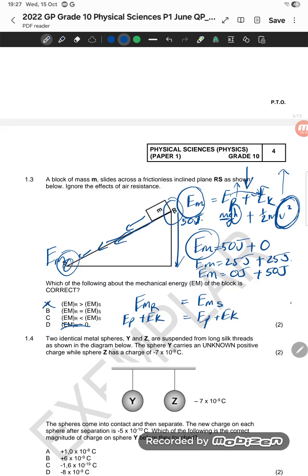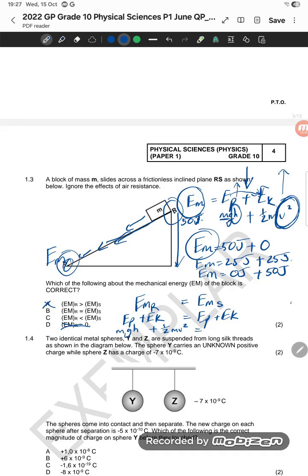So what is EP? Well, EP is mgh plus half mv squared. Please remember to square things. Square the velocity, please.